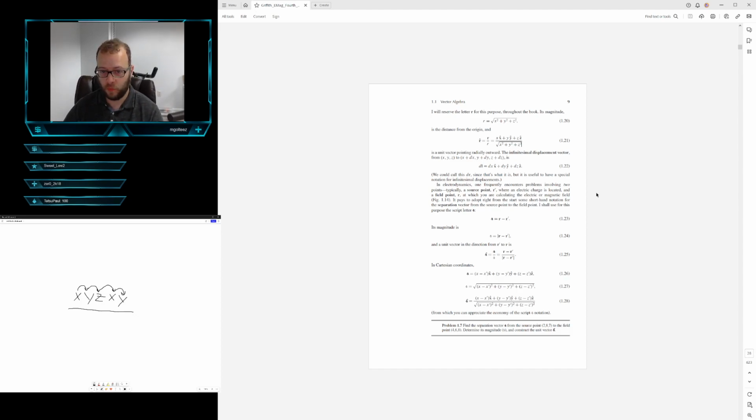And we can define its magnitude, we can define the unit vector r hat, and simply in Cartesian coordinates, we have r equal to this. The magnitude here, and the unit vector r hat.